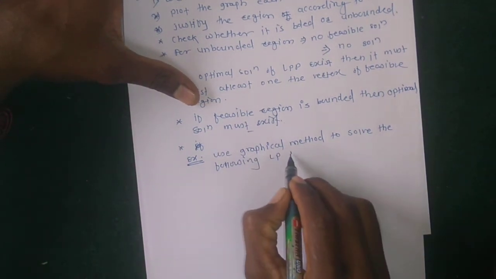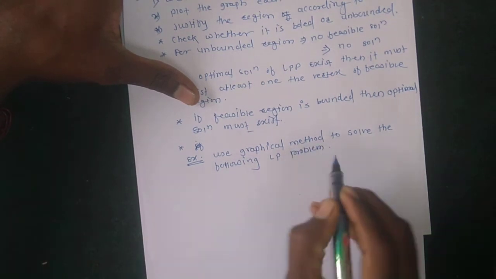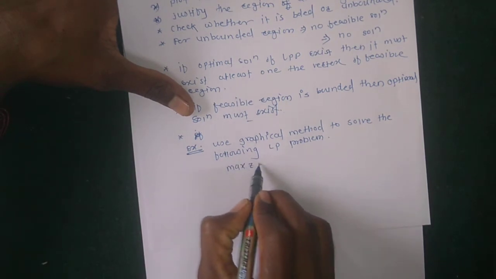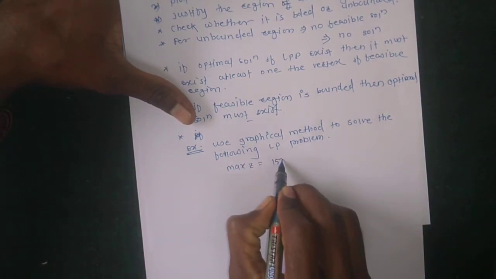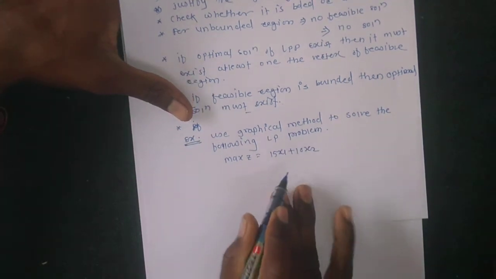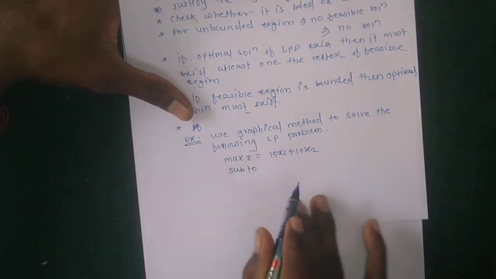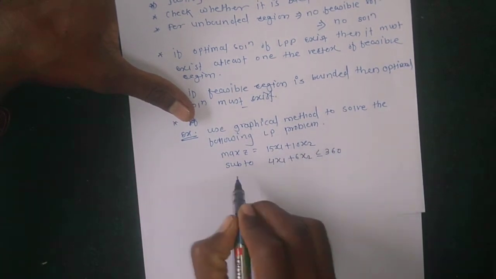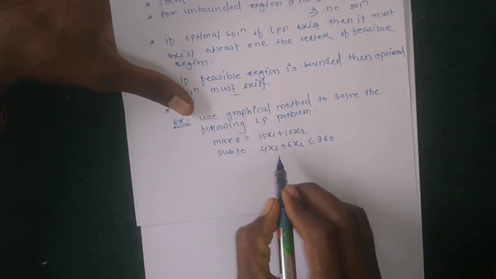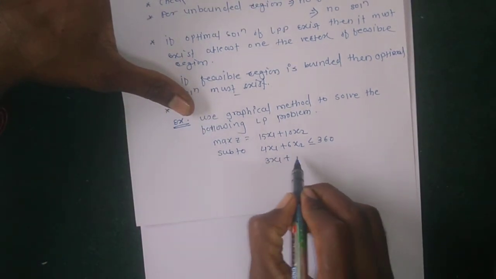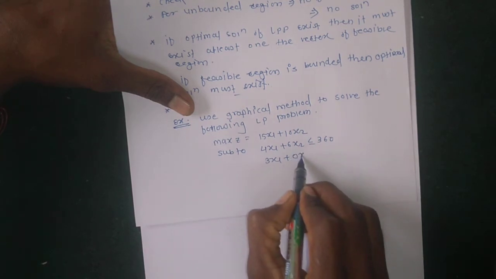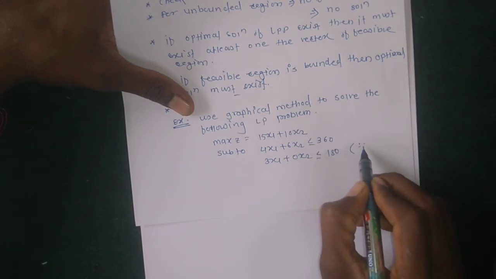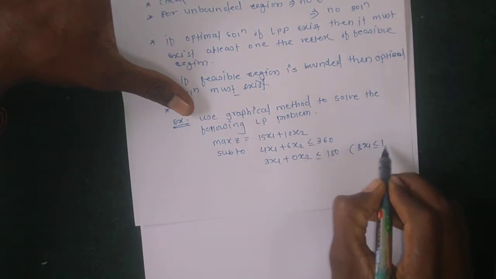Maximize Z equal to 15x1 plus 10x2 subject to 4x1 plus 6x2 less equal 360, and another constraint 3x1 plus 0x2 less equal 180, which is also written as 3x1 less equal 180.